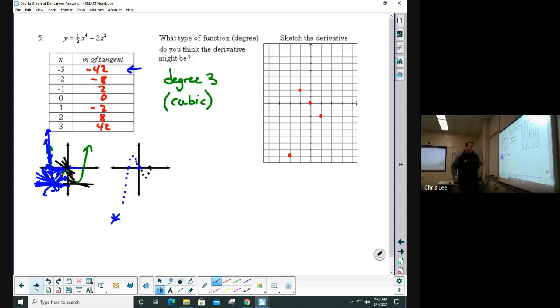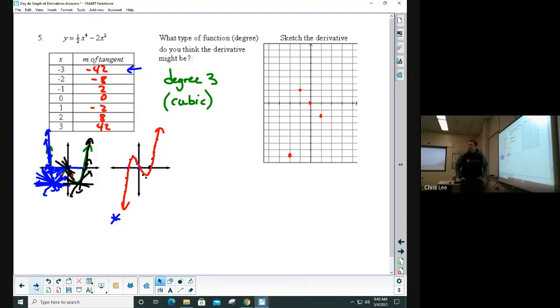And then to finish this off, once it's at 0, the slopes start getting bigger and bigger in the positive direction. So positive slopes getting bigger, bigger, bigger. And that then is what I would guess the graph of the derivative would look like, something like that.